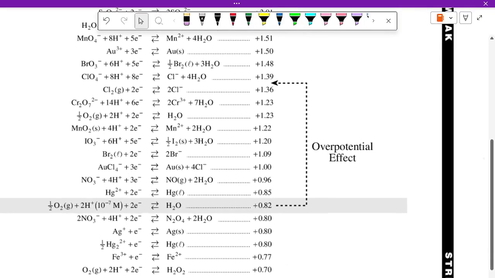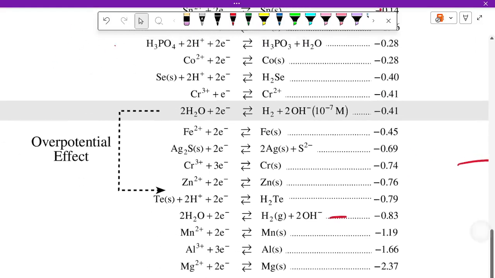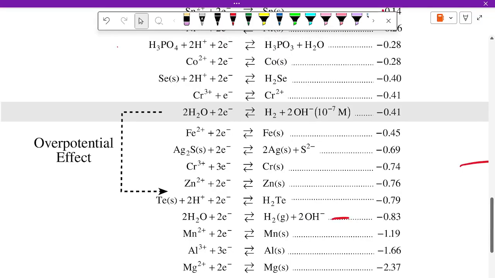What the overpotential effect is: if you have a competition, and we're going to look at the reduction one first. This is for reduction. If you are comparing water with any of these ones in here, water loses. What do you mean water? So, water is normally negative 0.41, yes?